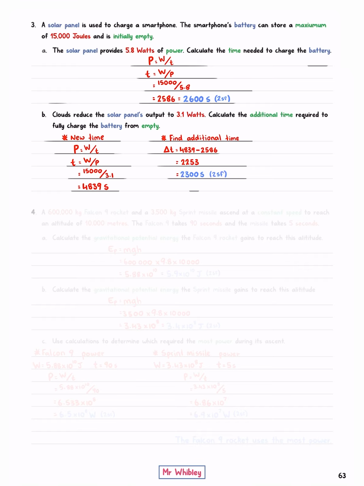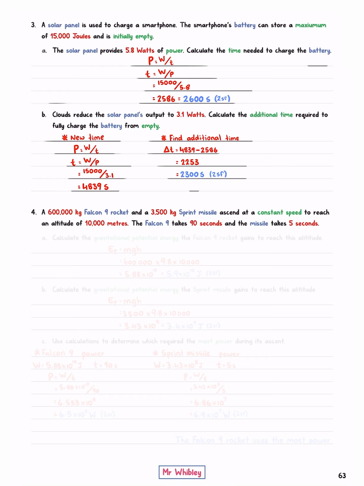Question 4. A 600,000 kilogram Falcon 9 rocket and a 3,500 kilogram Sprint missile ascend at a constant speed to reach an altitude of 10,000 meters. The Falcon 9 takes 90 seconds and the missile takes 5 seconds. Calculate the gravitational potential energy the Falcon 9 rocket gains to reach this altitude. Gravitational potential energy is mgh.